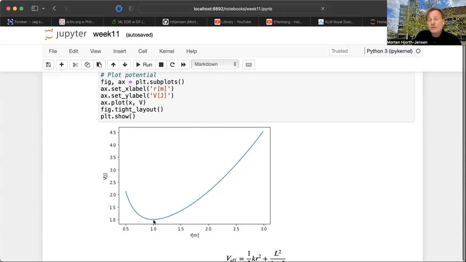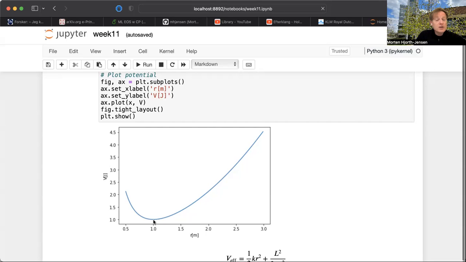Keep in mind also that many of the potentials you will encounter in physics do not depend on the angle phi. We say that the potential is then isotropic. It takes the same value irrespective of orientation in space. So this leads to another important symmetry. One of the symmetries is actually that angular momentum is conserved.